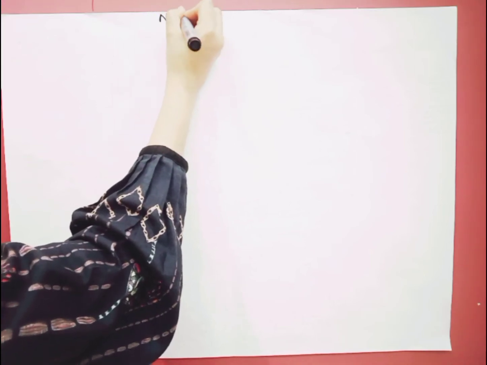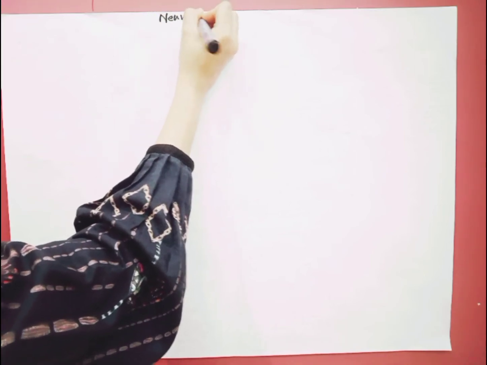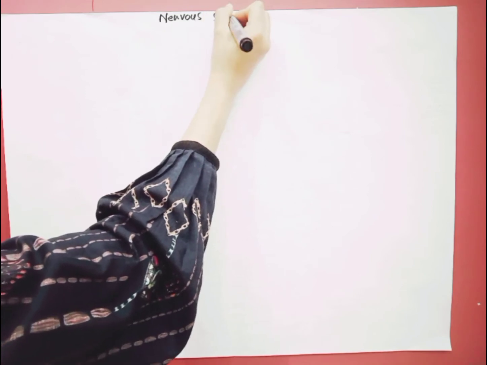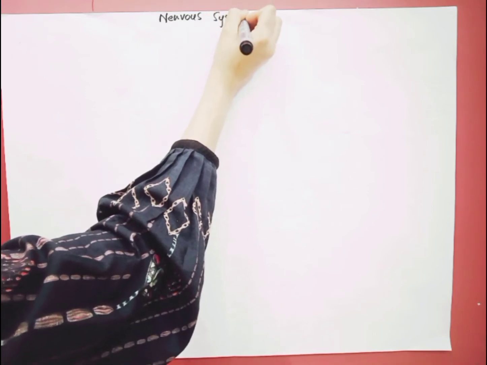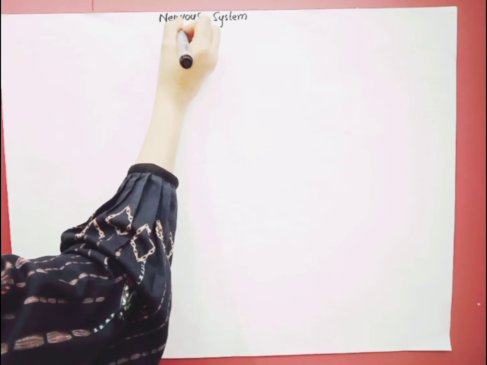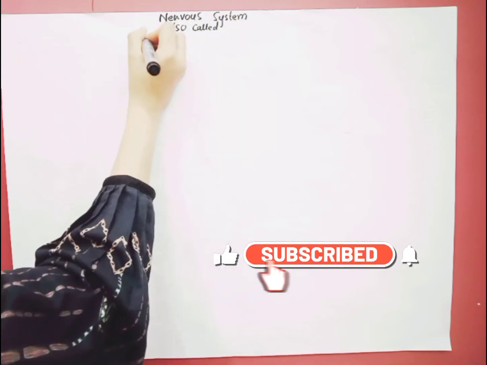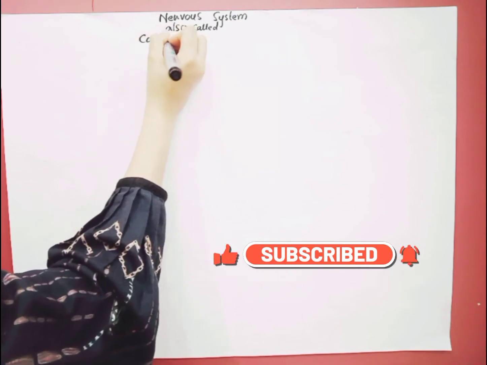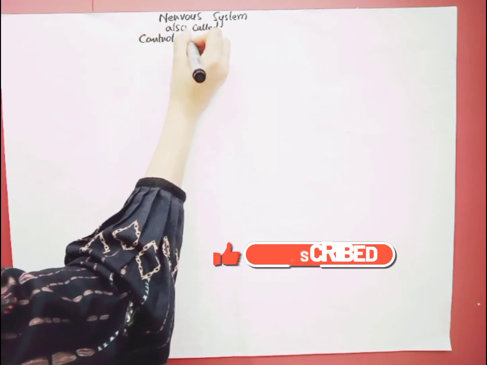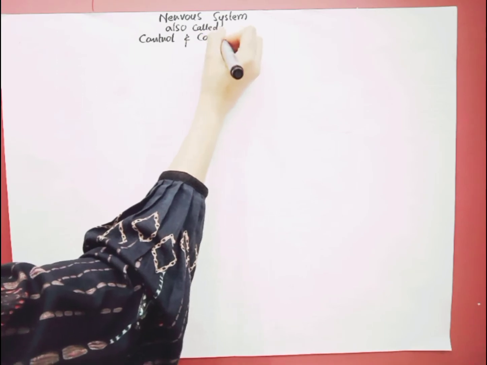Nervous system, also called control and coordination system.